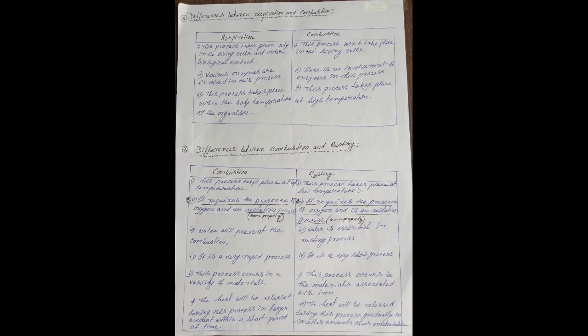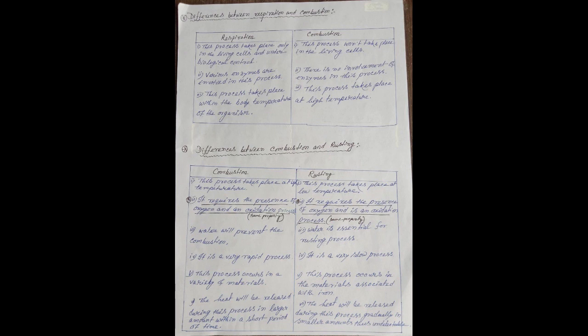Some differences: respiration and combustion. Respiration, this process takes place only in the living cell and under biological control. Combustion, this process does not take place in the living cell.